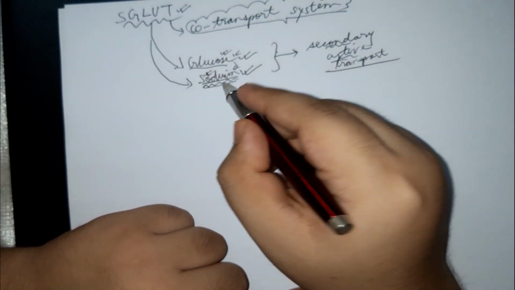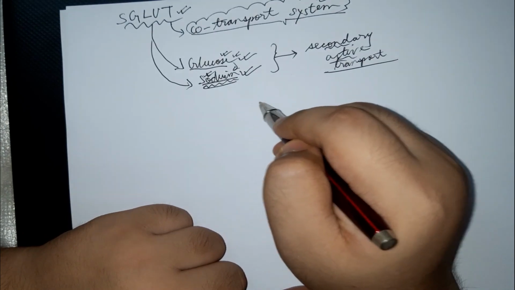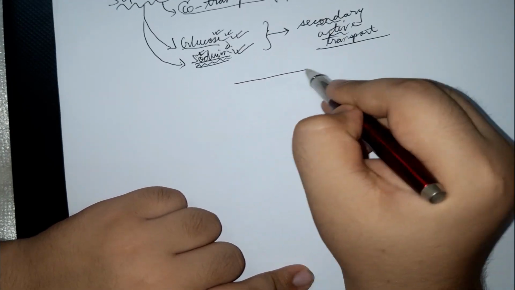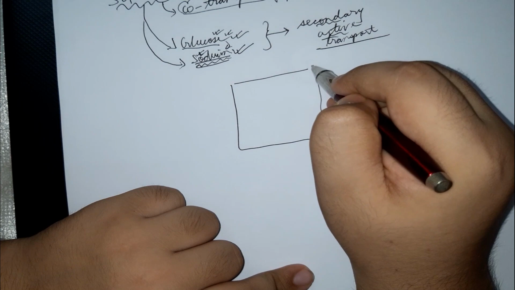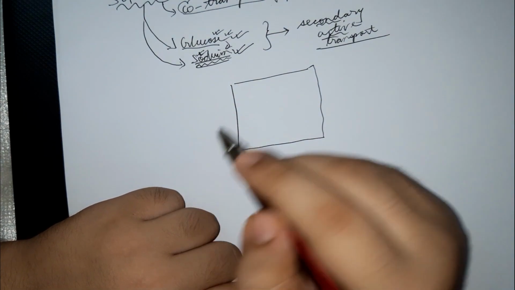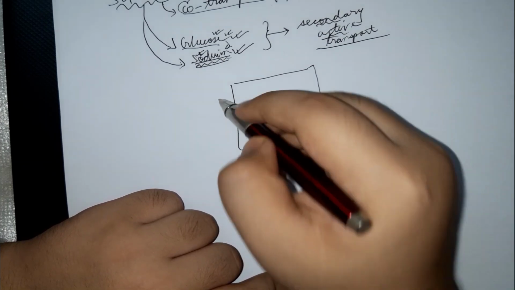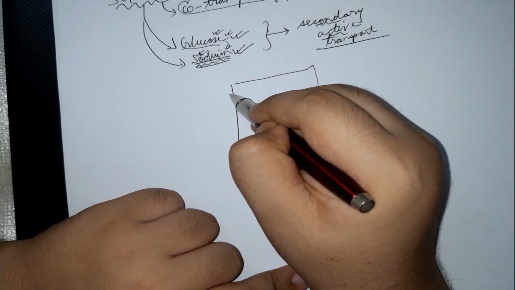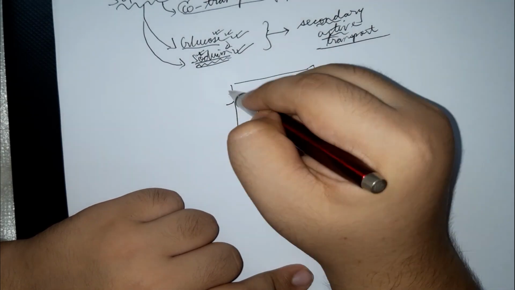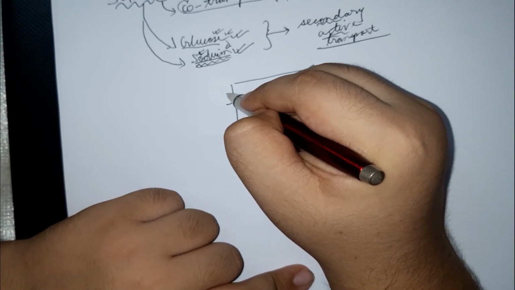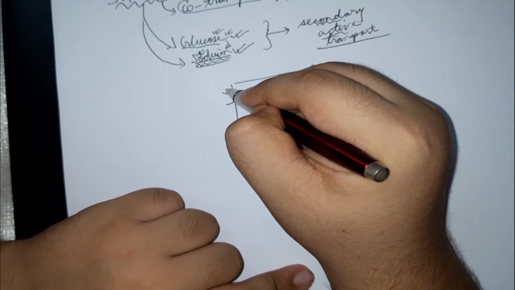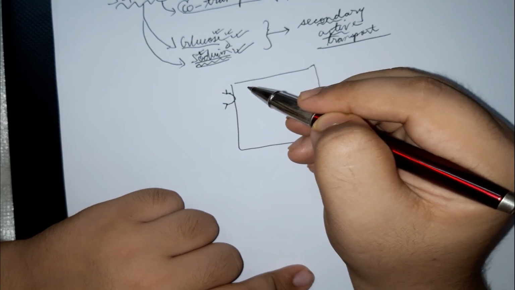Now see how glucose transportation is linked with sodium's transportation. Okay, let me draw a diagram very quickly. Suppose this is the cell, and obviously this is the cell exterior, right? Suppose this here is the S-GLUT. So S-GLUT will have two receptors, right?